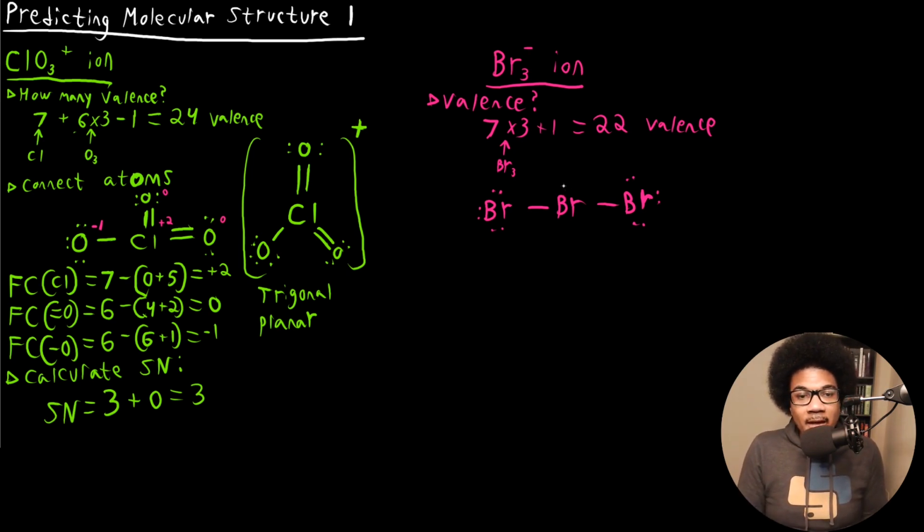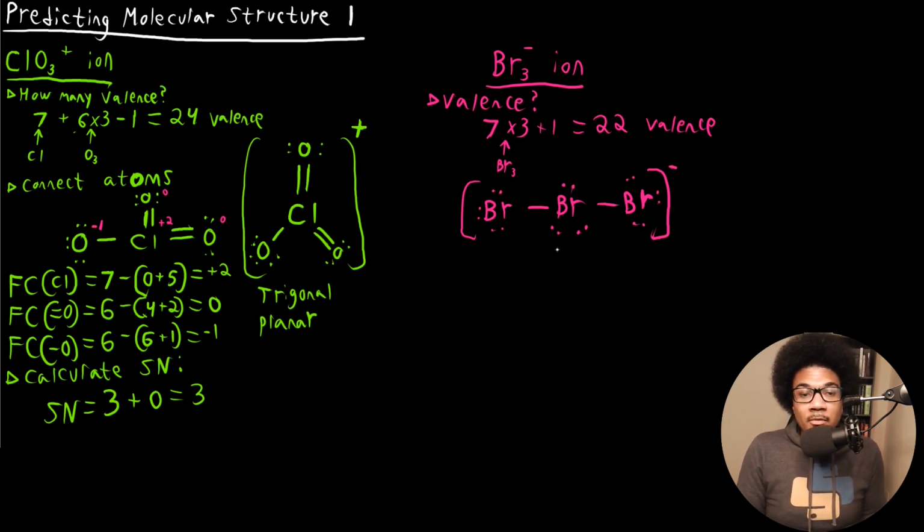So we're actually going to have this central bromine be an expanded octet. Right? So doing this actually gives us a correct Lewis structure for Br3 minus. And I'll leave it to you, viewer here, to calculate the formal charges and confirm that this would give you a correct representation of Br3 minus.